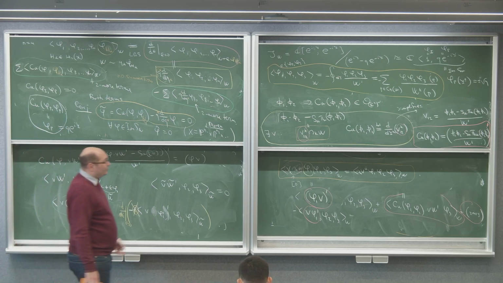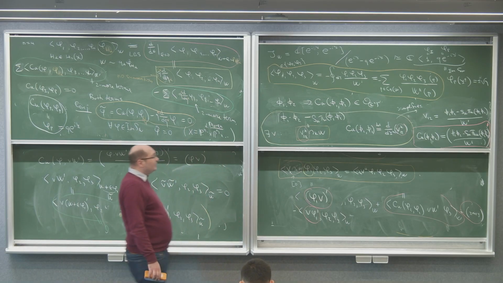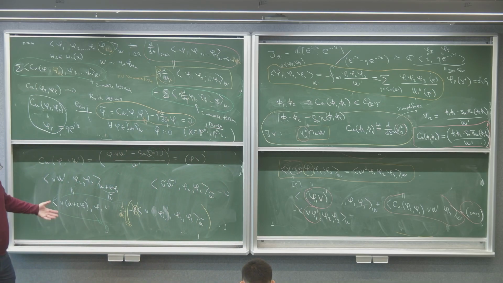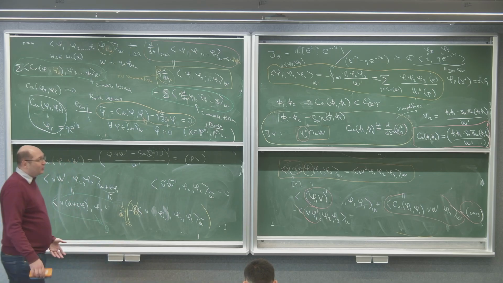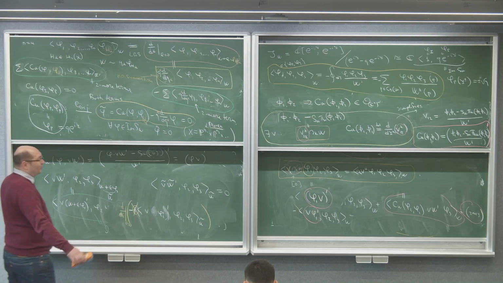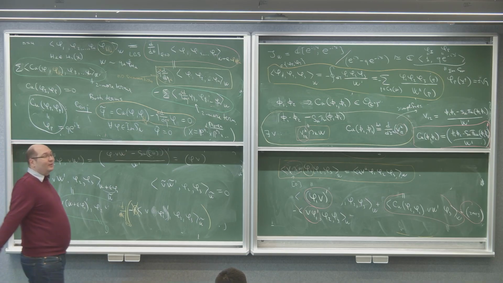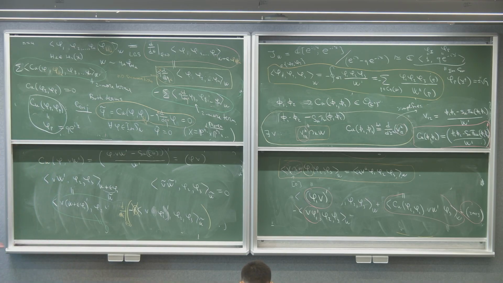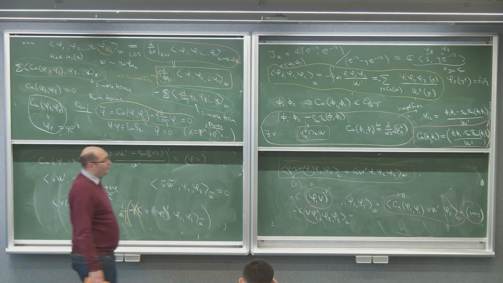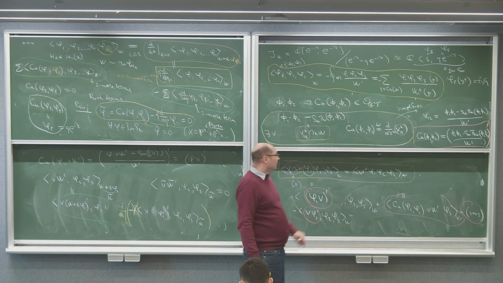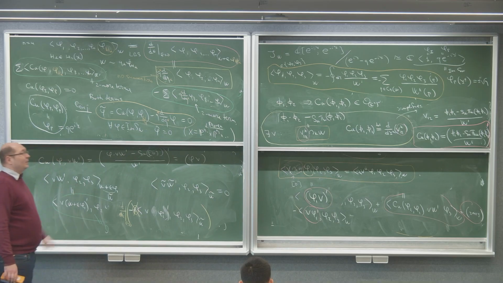So he didn't write a recursion formula, because there was an immediate problem with the recursion formula: it's not well defined on classes, and your contact terms are only defined modulo elements of the Jacobi ring. Then our observation with Andrei Losev was that even though you have terms proportional to elements of the Jacobi ring, they are more special than general terms. They have these divergence-free vector fields, and that is enough to make a recursive procedure well defined.